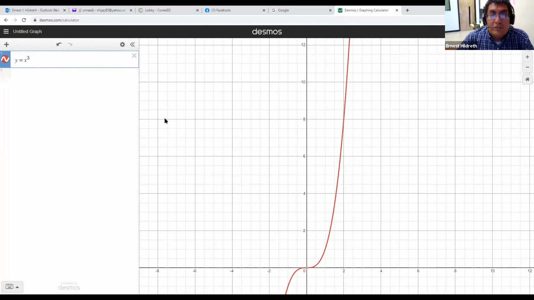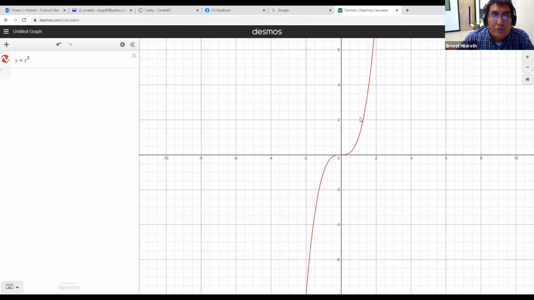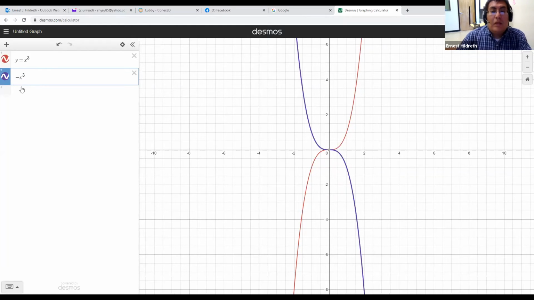All right, so this is a graph that I have for the reflection. So as you can see, this is the normal graph here. But if we were to change it, so now you can see the shift from the original to the next.